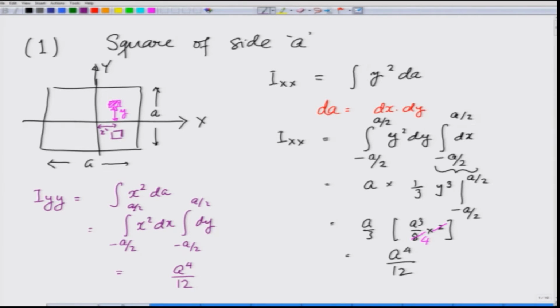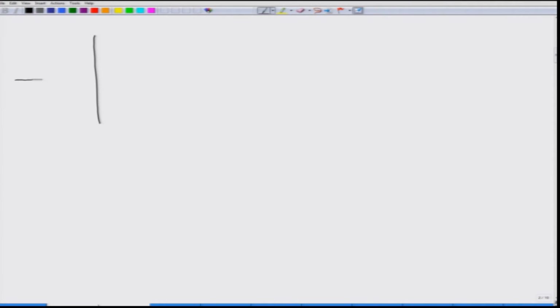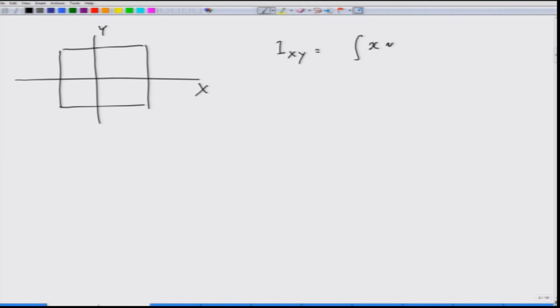How about the product? If I were to calculate the product of inertia, the product of area, of this square, then Ixy is nothing but the integral of x y dA, which is the integral of x dx y dy, and both vary from minus a by 2 to a by 2.